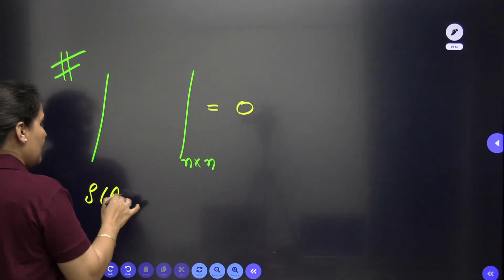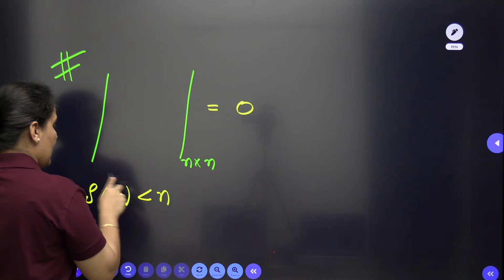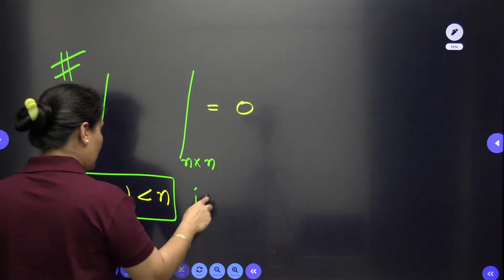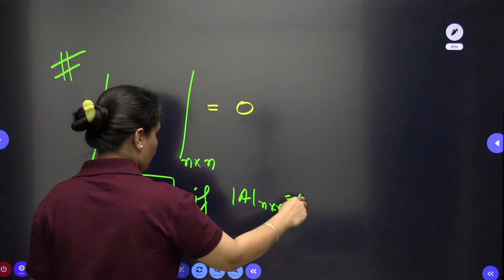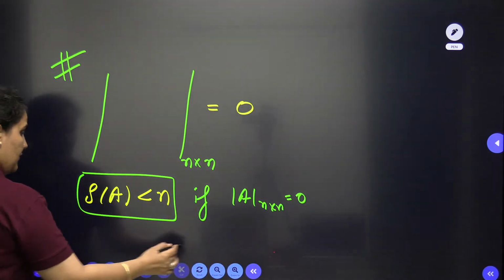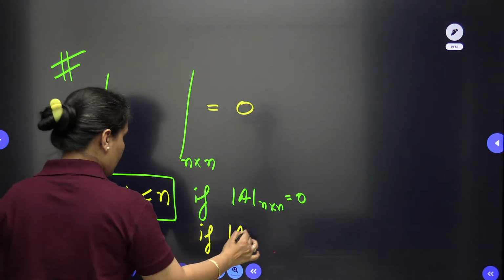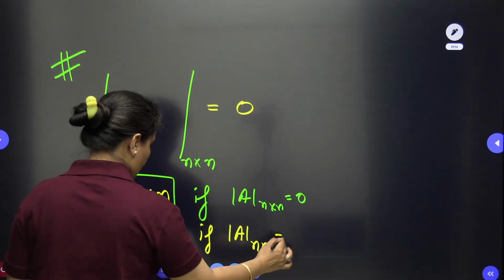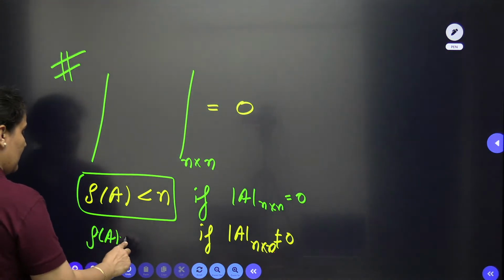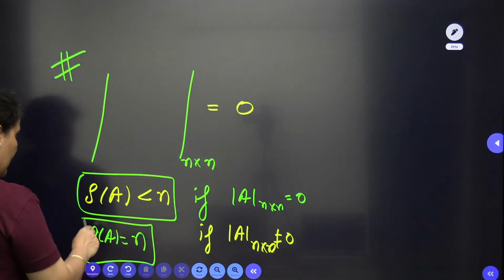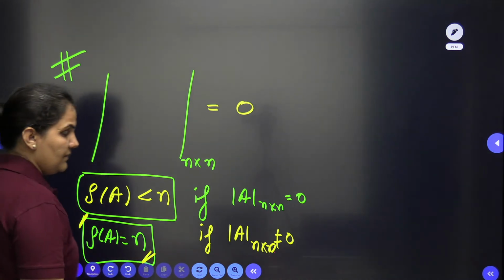Then you will say the rank will be less than n. Rank will be less than n when the determinant of the n cross n matrix is 0. If the determinant is not equal to 0, then you will say the rank will be n.